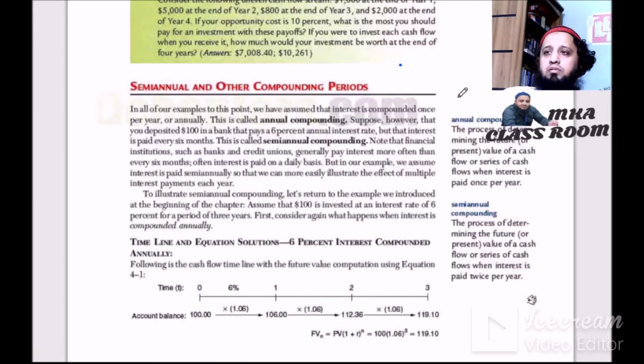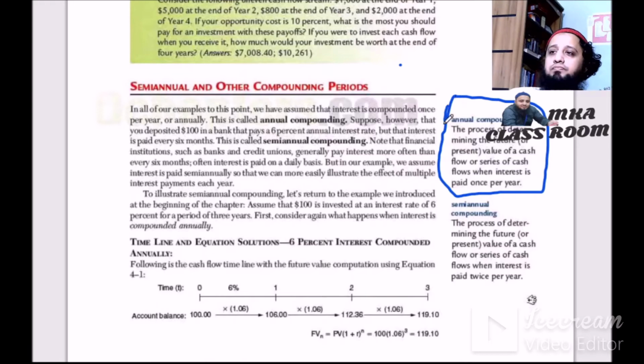Annual compounding or annual discounting is the process of determining the future value or present value of a cash flow or series of cash flows when interest is paid once per year.